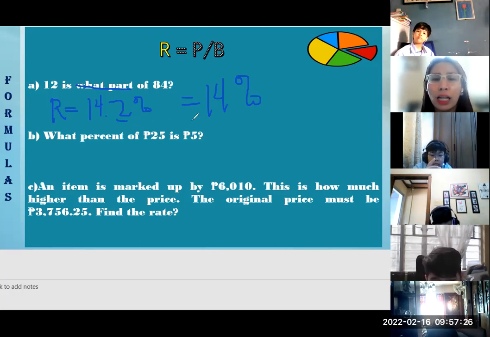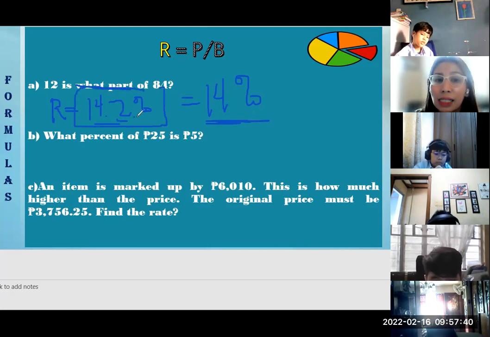14.2 or 14%, ano po ba talaga yung mas ginagamit? Yung palagi pong ginagamit para nagiging accurate yung inyong mga answers will be with the 2 decimal places.